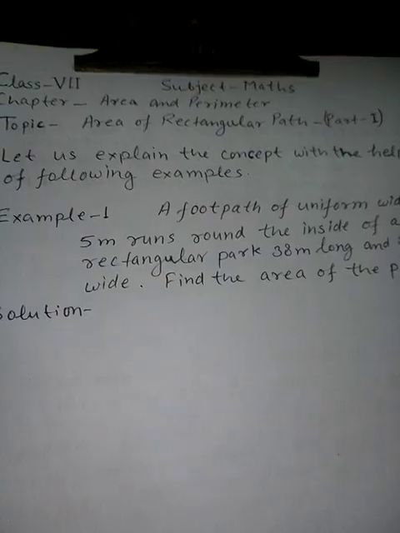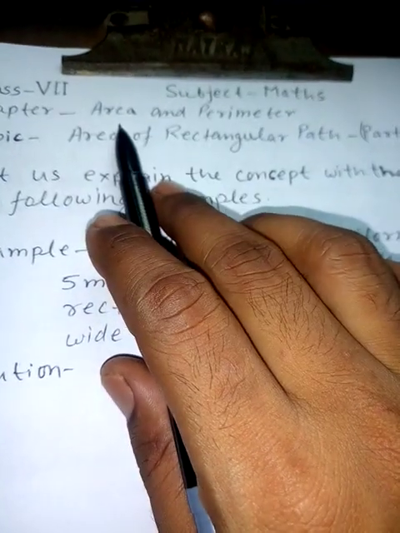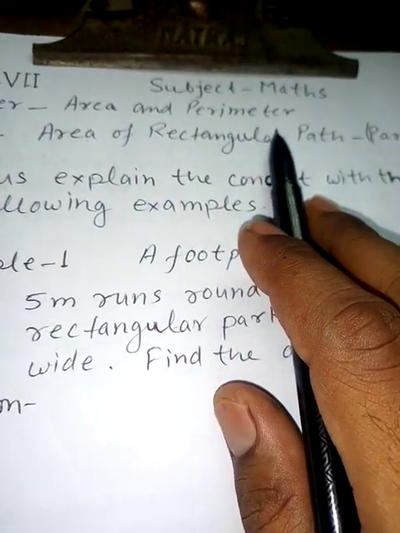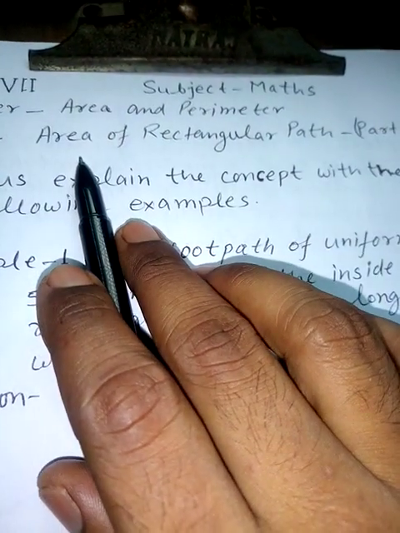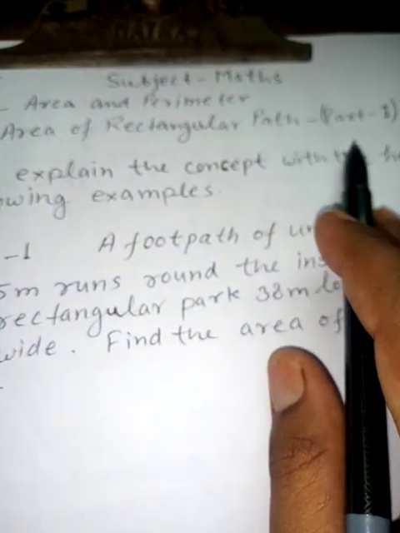So take a look at this. Students, our chapter is area and perimeter, and we have to understand today area of rectangular path, part 1.